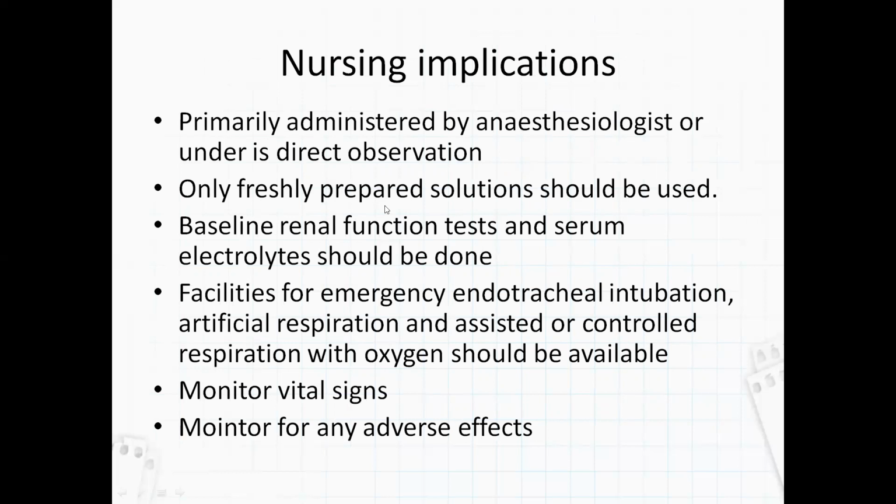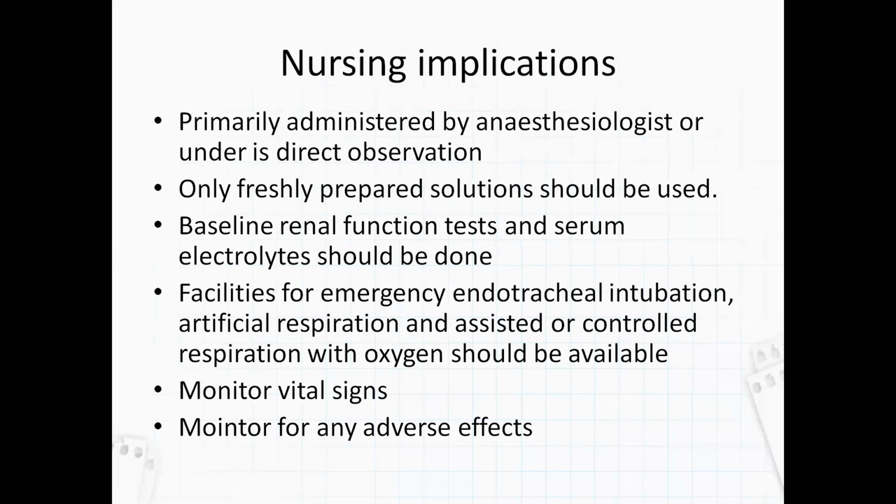Baseline renal function tests and serum electrolytes should be done. Very important. Why? Because if there are any differences in potassium, magnesium, etc., it will affect the drug action. That's why baseline serum electrolytes should be taken and should be normal.